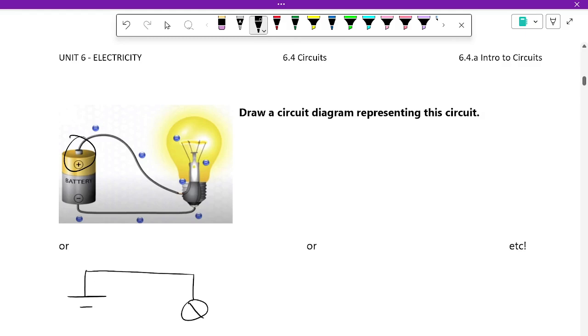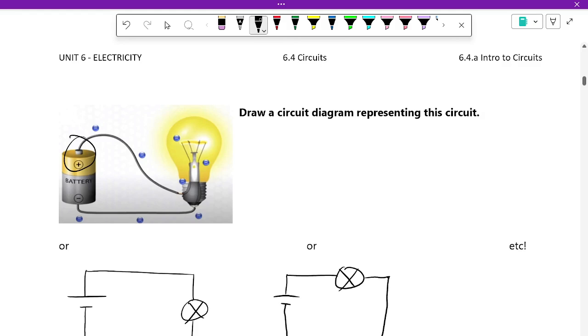Lamp. Yes? But I could also draw it, and it doesn't matter that this doesn't look like a rectangle at all. It doesn't actually matter what side you put the lamp on. Okay, you could put the lamp here.